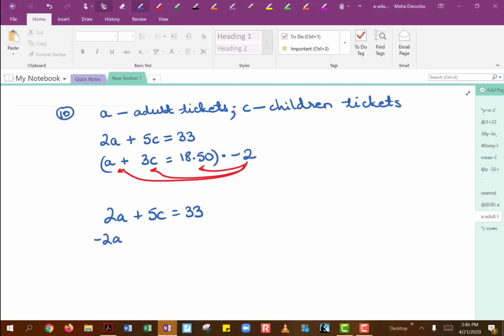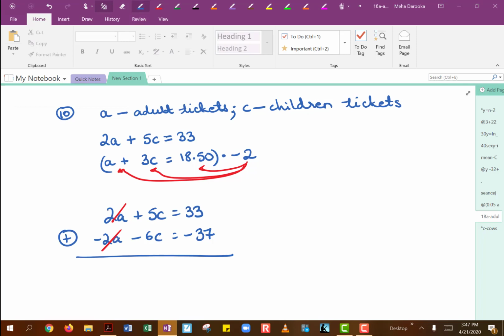Negative 2 times positive 3 will give us negative 6c, and then of course 1850 multiplied by negative 2 will end up giving us negative 37. So when we add the 2 equations together, positive 2a, negative 2a will cancel out.